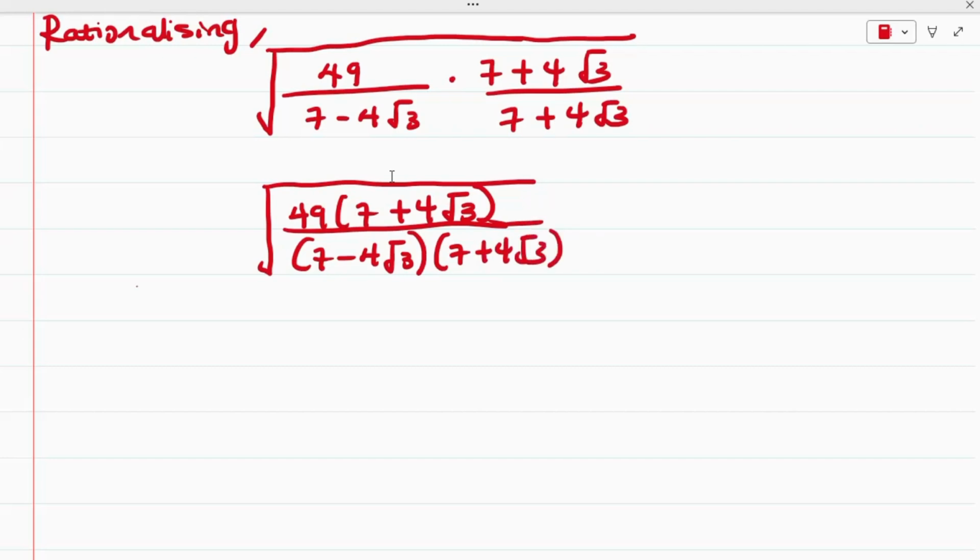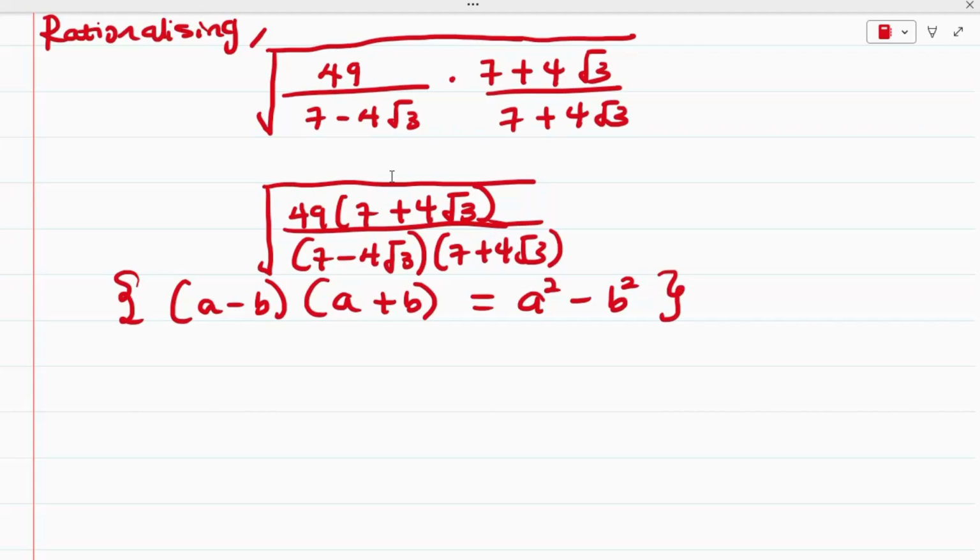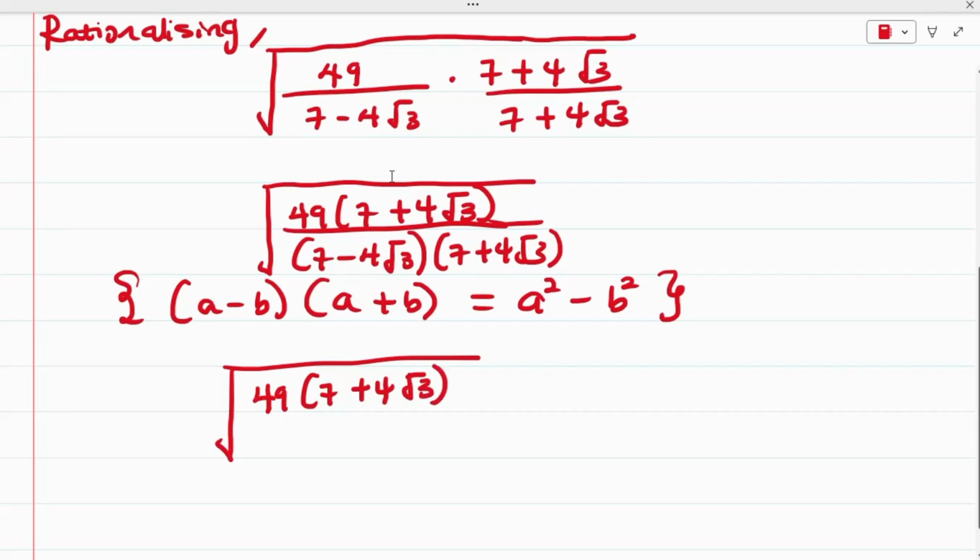Applying this property to the denominator, that says if we have a minus b multiplied by a plus b, this is equal to a squared minus b squared. So for the denominator we have 7 squared minus 4 root 3 all squared.